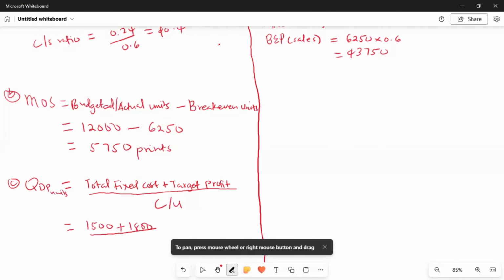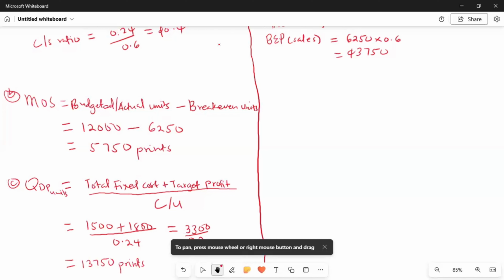Our contribution per unit is 0.24. So when we add this, 1,500 plus 1,800 gives us 3,300 divided by 0.24. For the desired profit of 1,800, we are going to get 13,750. Then we need to sell 13,750 prints.